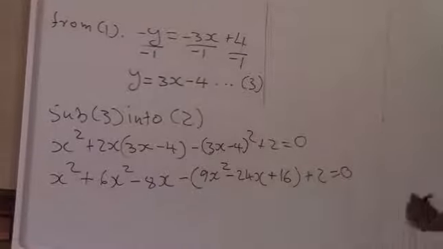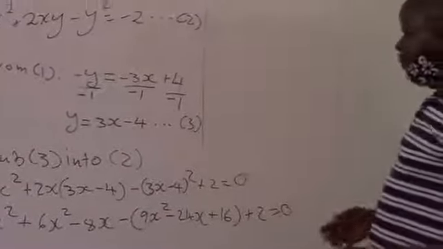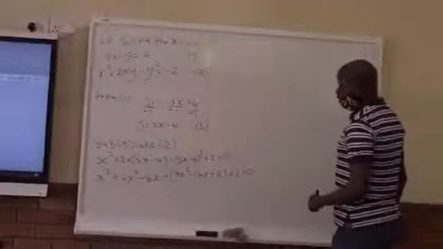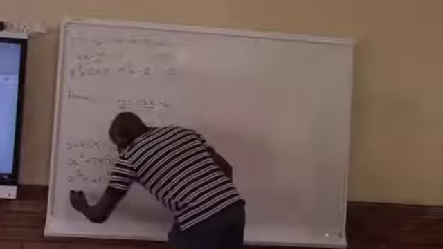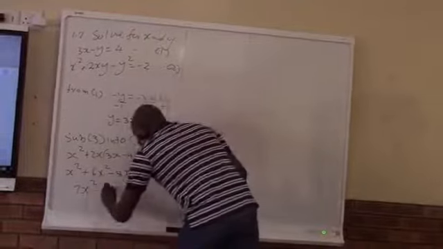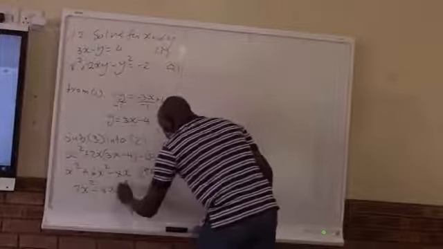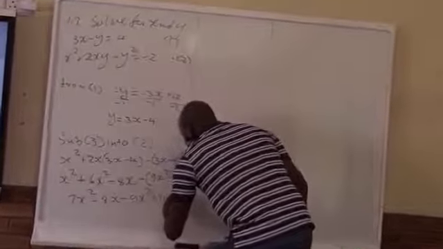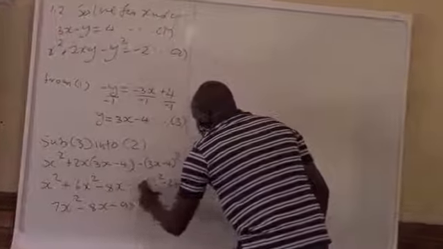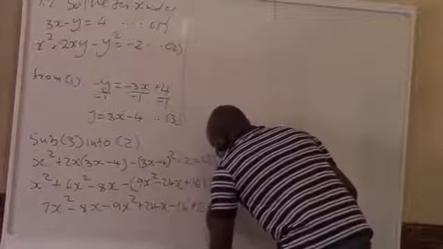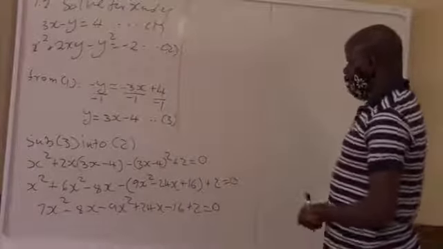Now we simplify everything so that we have it in standard form. We have x squared plus 6x squared, which is 7x squared, and then we still have negative 8x. Then negative 9x squared, and positive 24x, because that is negative times negative. Then negative 16 plus 2 equals 0.